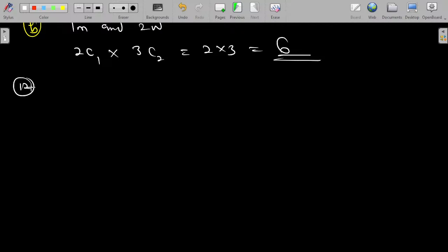Okay, so for number 12, a group consists of 4 girls and 7 boys. Let me write it out. Number of girls 4. Number of boys 7.